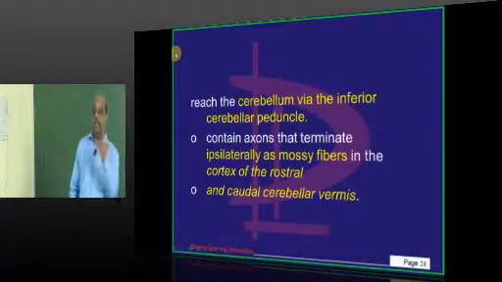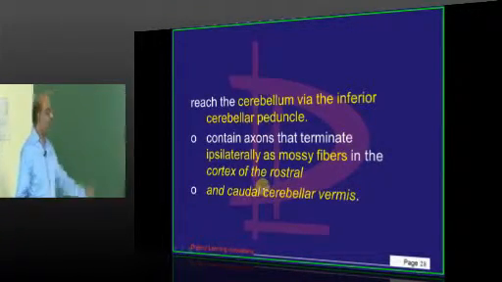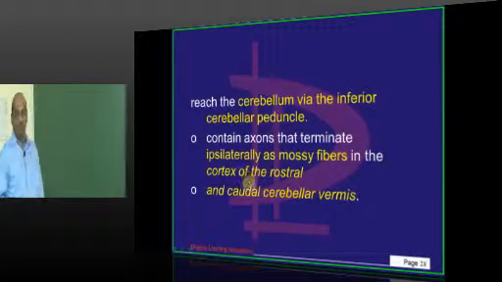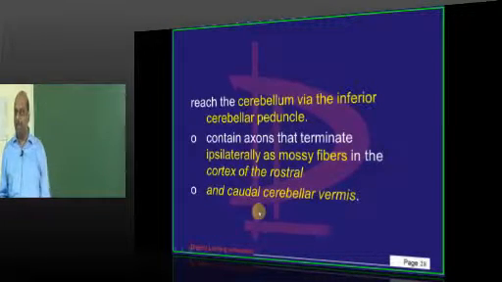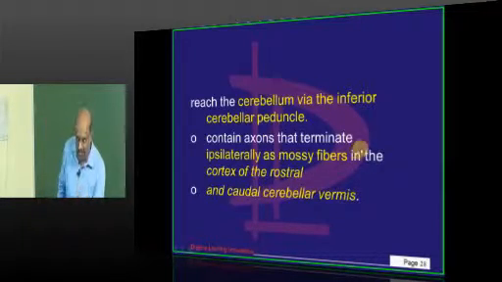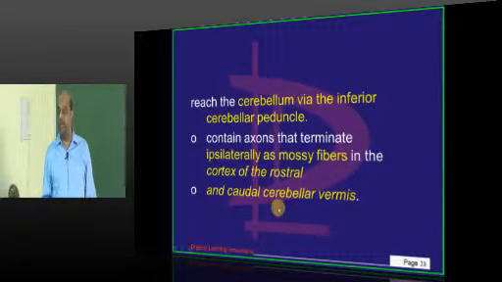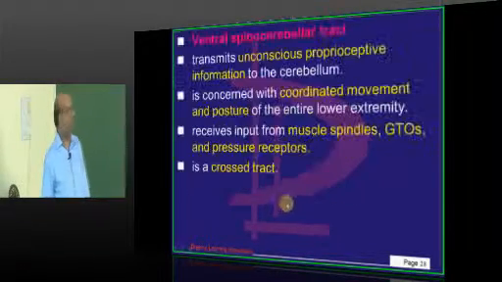Who receives it in the cerebellum? The mossy fibers. Ultimately, where will it reach? For all our balance, it is the central part of the cerebellum. The vermis is very important, so it will ultimately be reporting to the caudal cerebellar vermis.